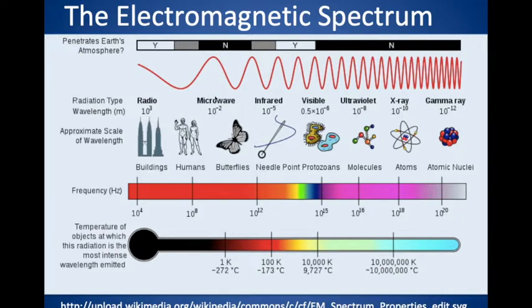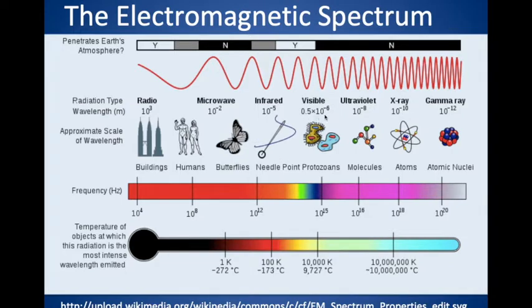The next classification are microwaves, which are down in the centimeter or millimeter range for wavelengths. Then infrared, down in the tens of micrometers or micrometer range.